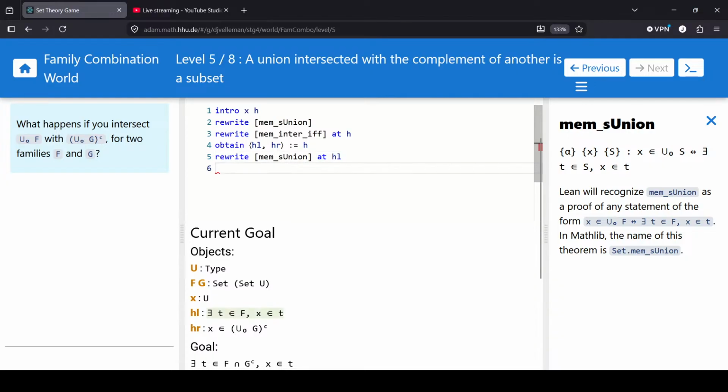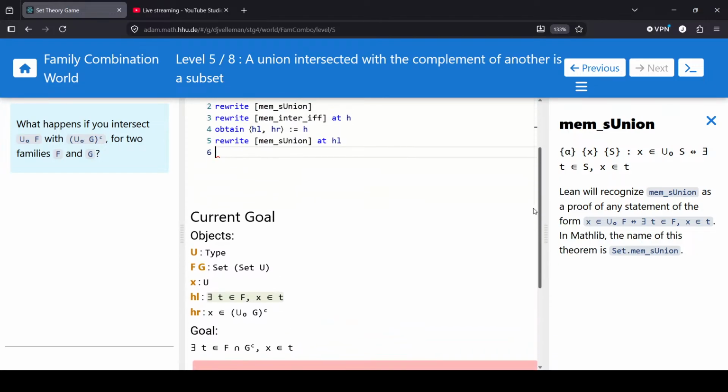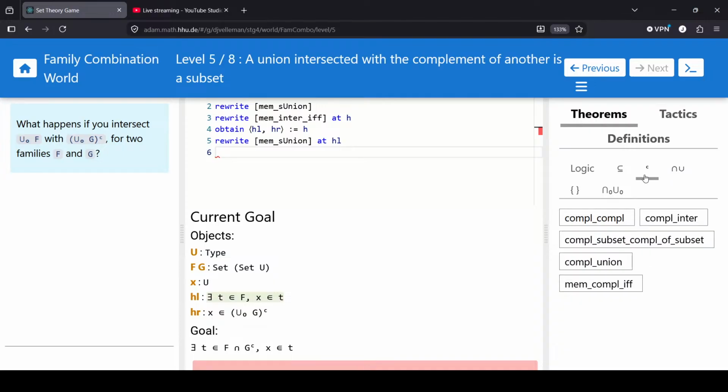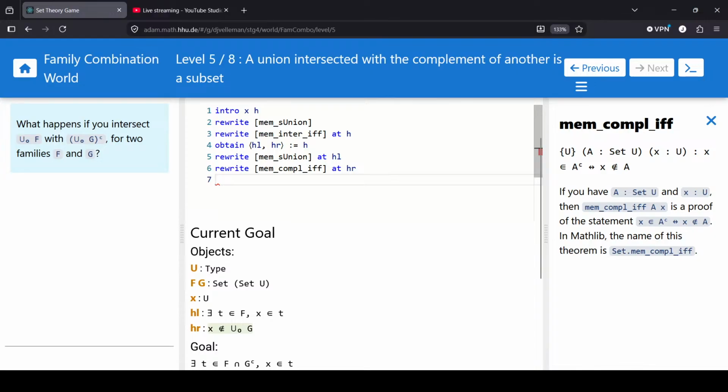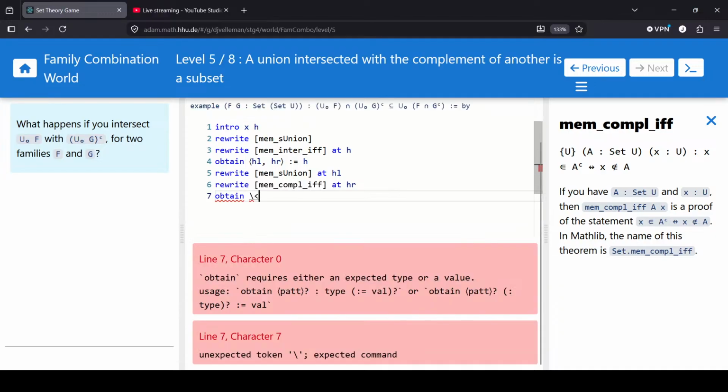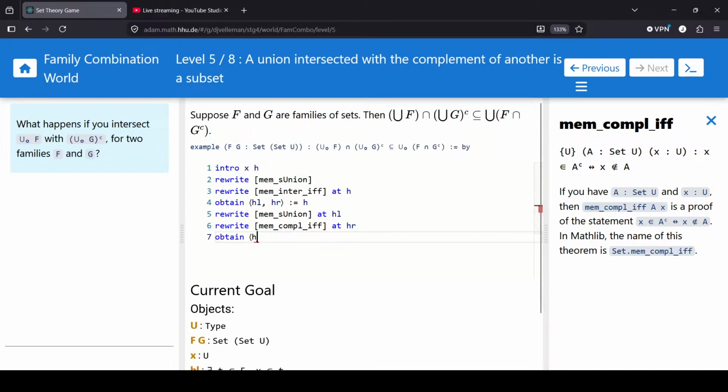Can I do that on the other side or no? Because the complement is in the way. So I don't think that's allowed. How do I deal with the complement again? I need to do like negative stuff. Memcompl if. There we go. Then we go, what? Obtain HTF.